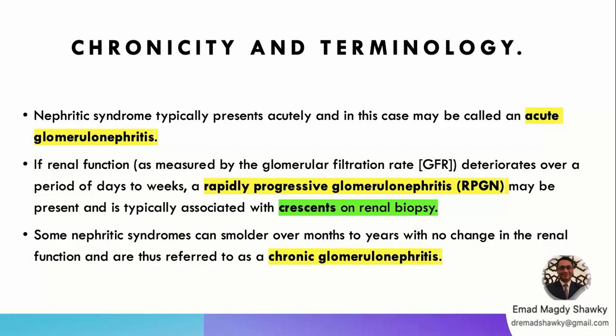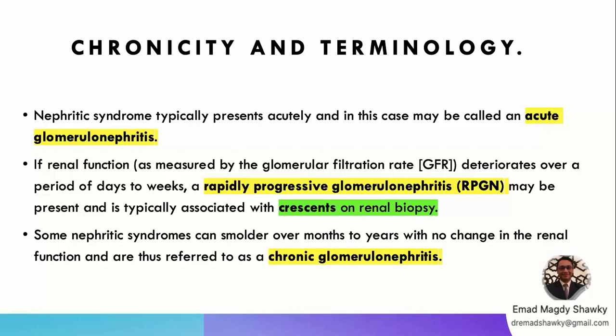Basically, nephritic syndrome is an acute condition. As I said, it is a state of acute inflammation due to immune complexes, antibodies, or vasculitis, and this all leads to recruitment of white blood cells inside the glomerulus, causing inflammation, necrotizing inflammation and necrosis, an acute problem.